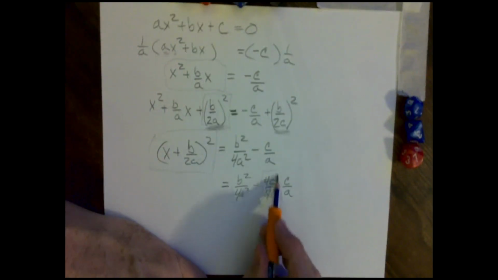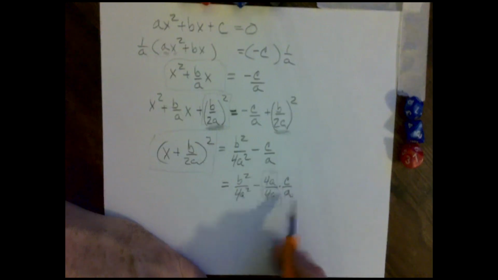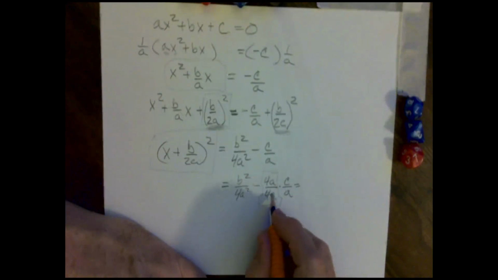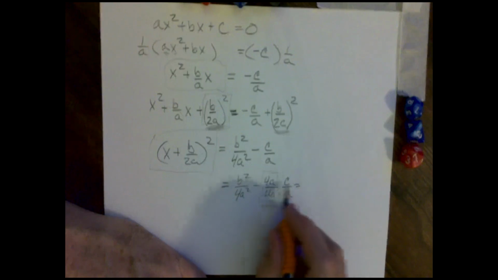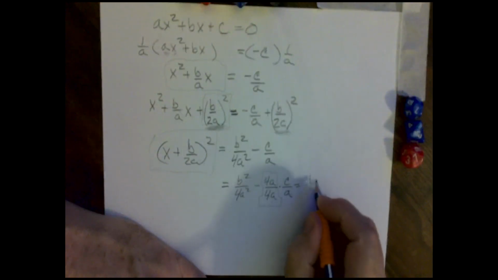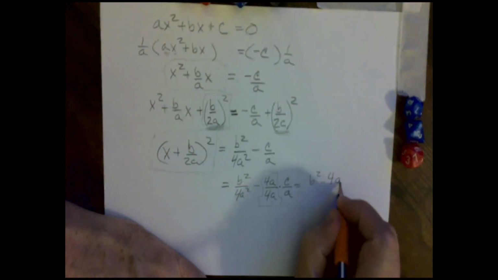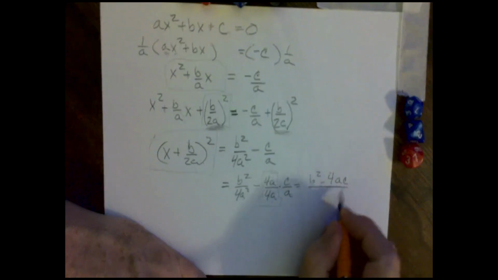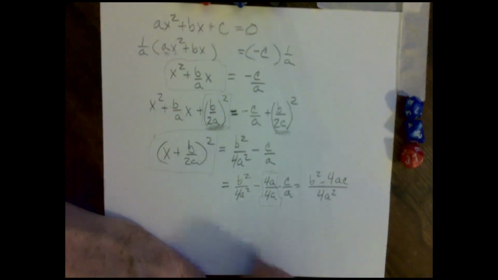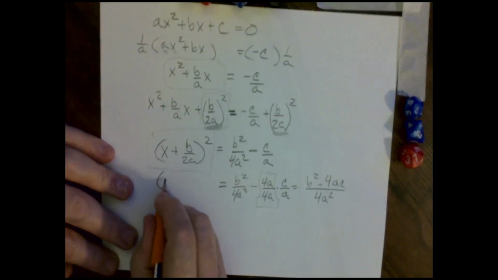Multiplying anything by 1 does not change the value of anything. So that gives me 4a squared over here, 4ac on the numerator and 4a squared as the denominator. Matches that. So over here I can write b squared minus 4ac all over 4a squared. That's equal to this.